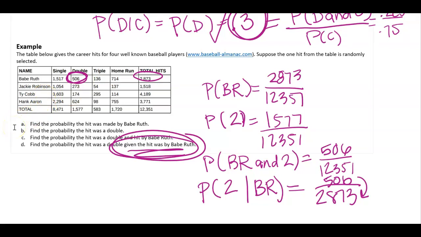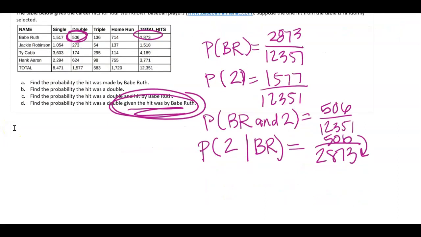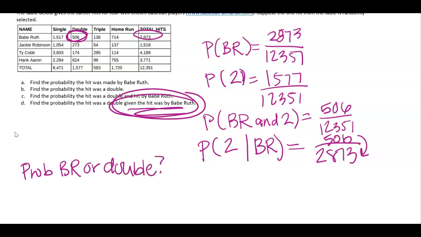One more example that I want us to look at that's not in here that I'm going to add is, what's the probability of Babe Ruth or double? Now, because there is an intersection piece, I'm going to take the probability to be all of Babe Ruth's hits plus all of the doubles.